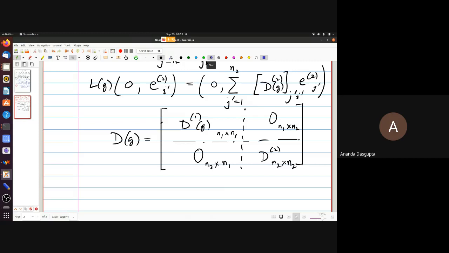I've chosen a basis in which the first n1 are basis vectors of V1, the next n2 are basis vectors of V2. Now, of course, if I form my direct sum space by starting from V1 and V2, this is a natural choice to make, but I'm not bound to make this choice. So I could make some other choice.